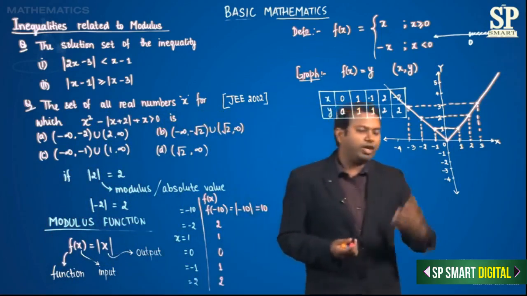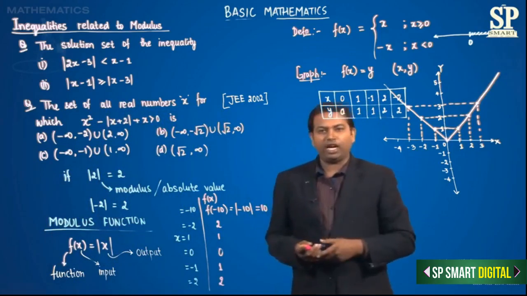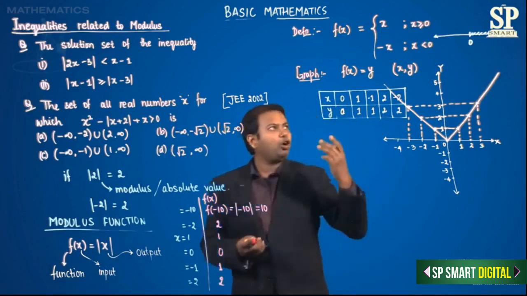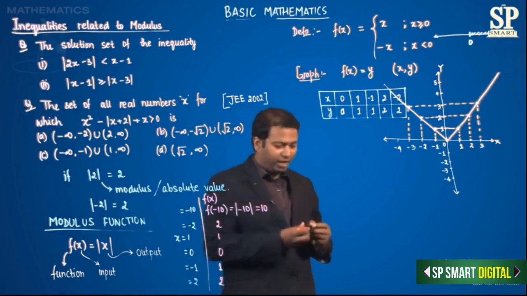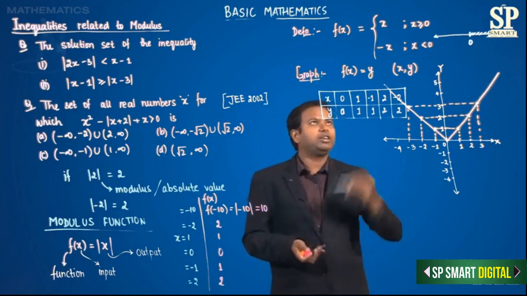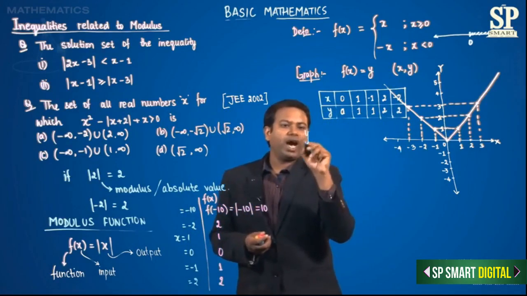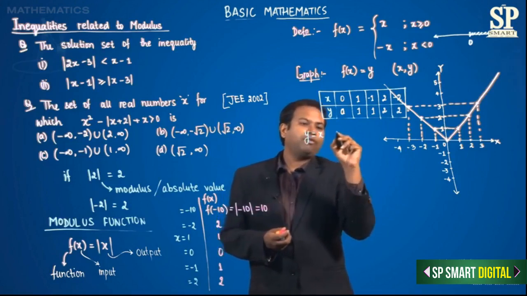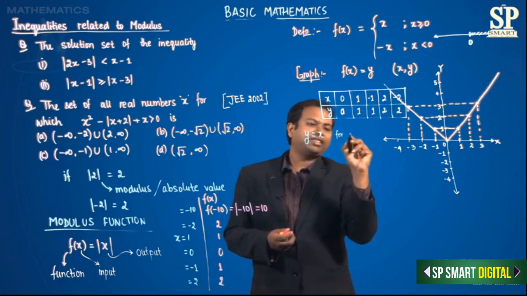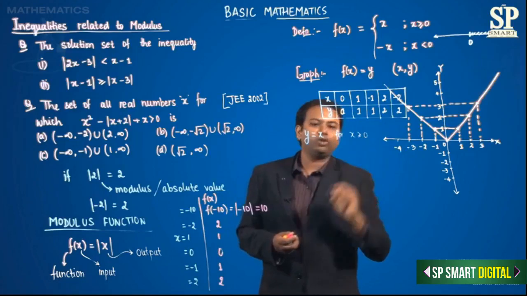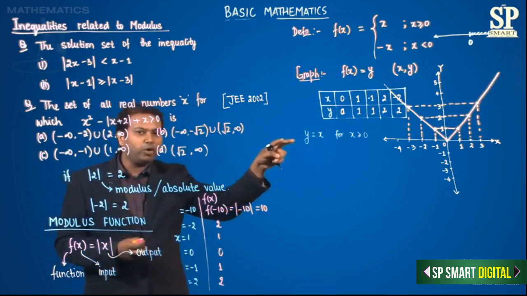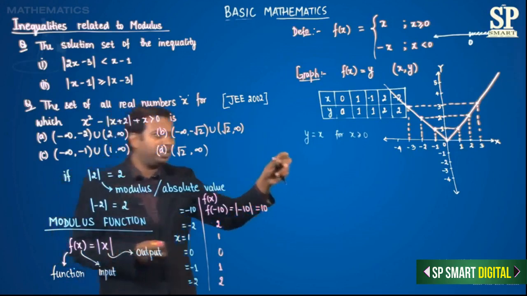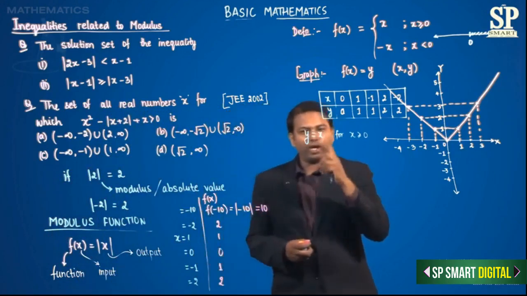Also, if you have an intuitive idea of plotting a graph, you can see that since we have taken f(x) = y, you can write this function as y = x for x greater than or equal to 0, which is a straight line that certainly passes through the origin, and it has slope equal to 1.